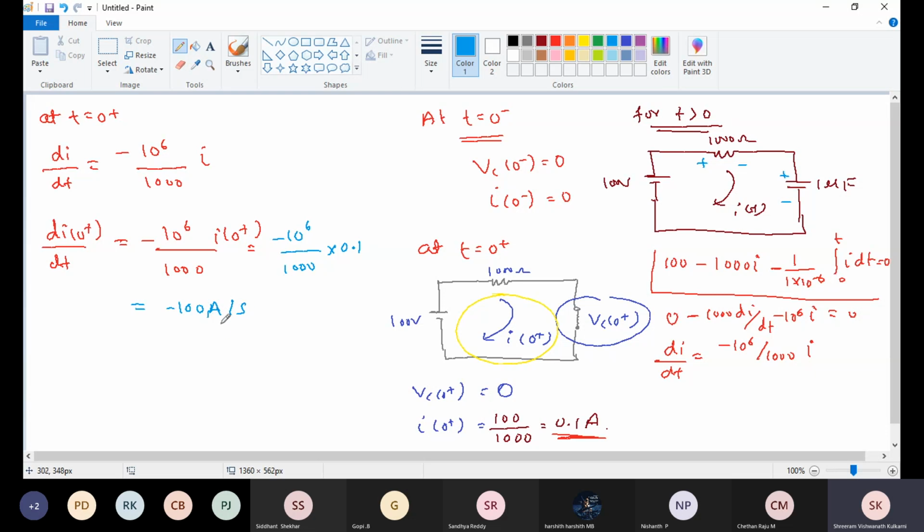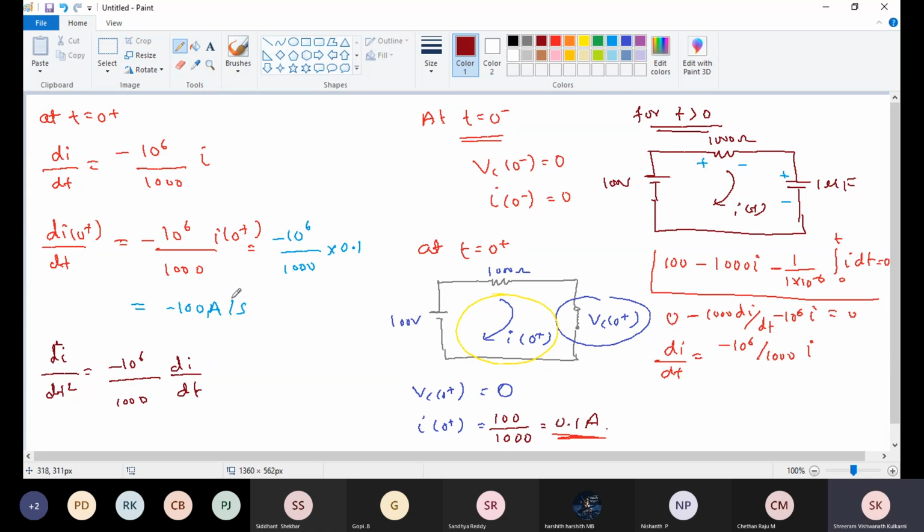Okay, now if I differentiate this equation di by dt again, I'll get d square I by dt square equals to minus 10 raised to 6 divided by 1000 into di by dt.